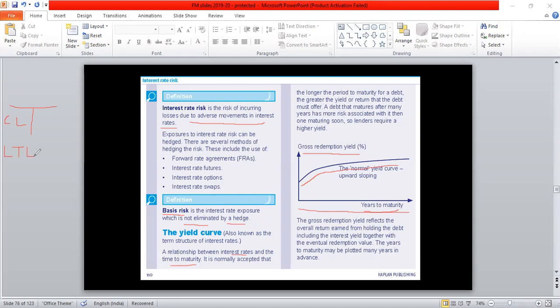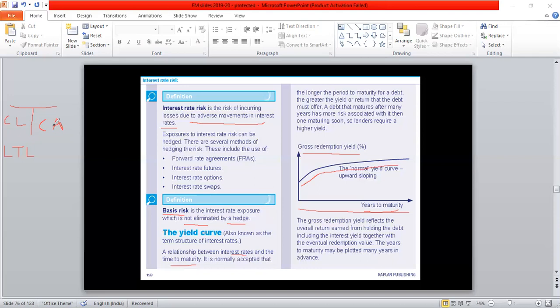Long-term liabilities, the cost is high, but the benefit is they need not be paid immediately. That is what we were looking at when the amount has to be invested into current assets. So you remember that logic. The benefit an investor will receive from investing for a long-term period is higher than investing for a short-term period. The number of years to maturity increases, the cost for the company increases, so it is a benefit for the investor.